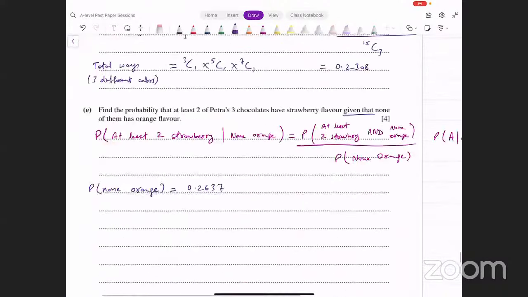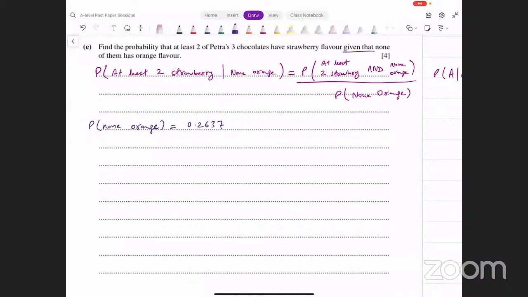So that was what we calculated earlier in another part. Okay. अब हमें क्या करना है, ये दो conditions meet करवानी हैं इकट्ठे, at least 2 strawberry and none orange. Okay, ये दोनों conditions meet होनी चाहिए.